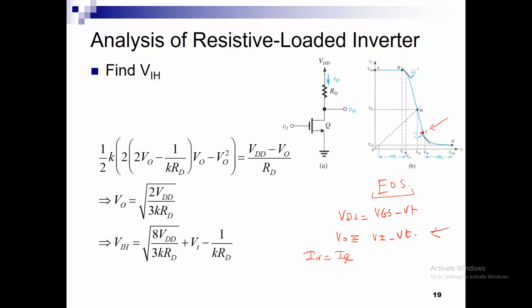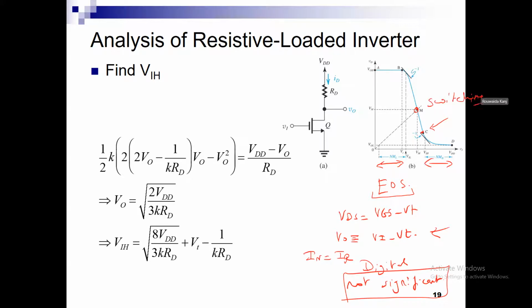Okay, but this point, from the inverter characteristics, from digital characteristics, is not significant. I don't really care for it, because what I care for in the inverter is the noise margins and the switching threshold point, meaning at what point the strength of the pull up and the pull down flips. Okay, that's what I care for in the inverter.